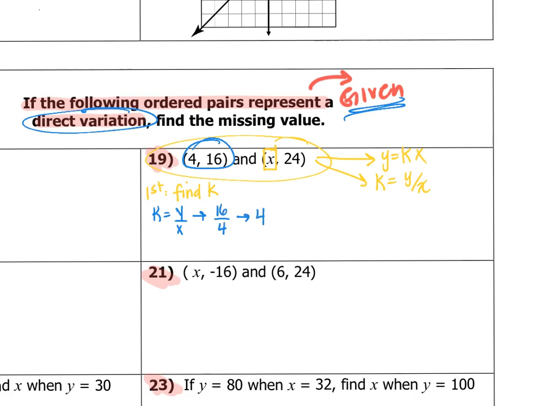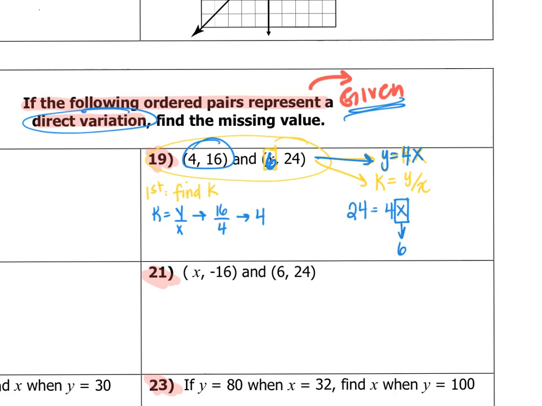So k is 4, which means that this relationship follows a y equals 4x equation. And if y is equal to 4x, 16 is equal to 4 times 4, 24 is equal to 6 times 4, so x has got to be 6.